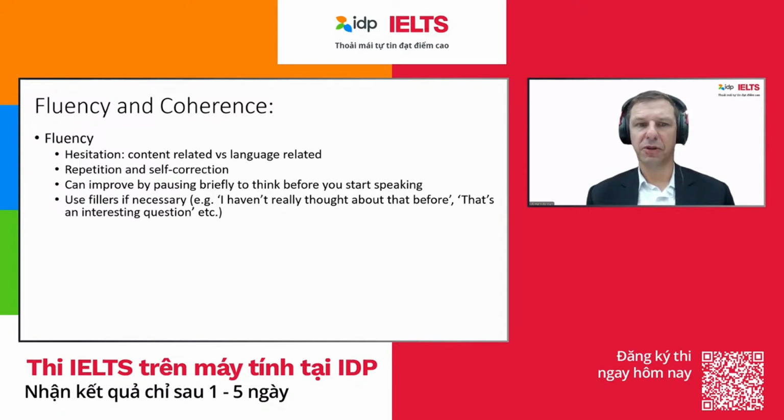This allows you some time to prepare your answer in your head, and this will prevent you from getting to the middle of a sentence and hesitating, which will, of course, be interpreted as language-related hesitation. So if you pause before you start speaking, then it will not actually affect your fluency score. Whereas if you just start speaking without really considering what you say, you'll get to the middle of a sentence and then start hesitating, and that will affect your fluency score.